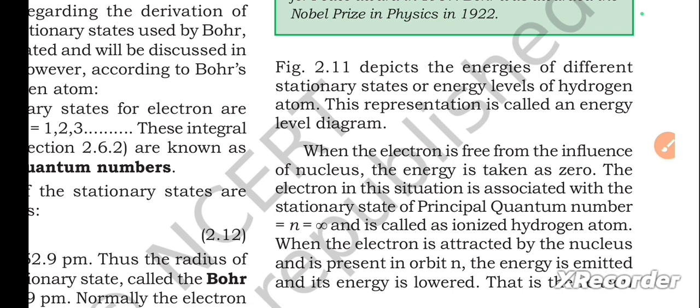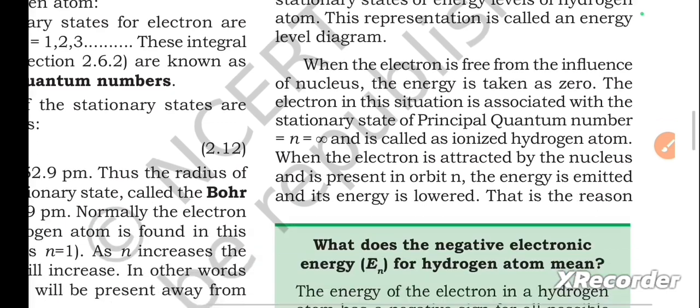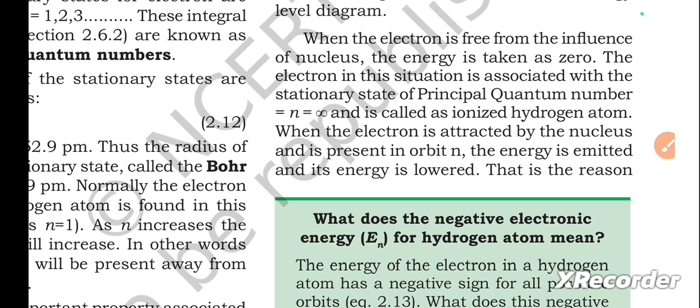Figure 2.11 depicts the energies of different stationary states or energy levels of the hydrogen atom. This representation is called an energy level diagram. When the electron is free from the influence of the nucleus, the energy is taken as 0. The electron in this situation is associated with the stationary state of principal quantum number n equals infinity and is called an ionized hydrogen atom.